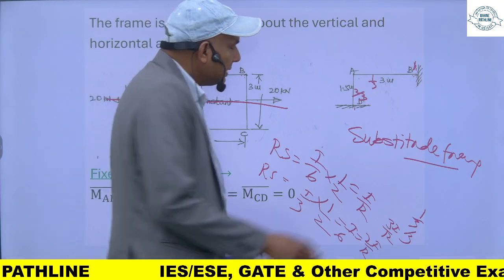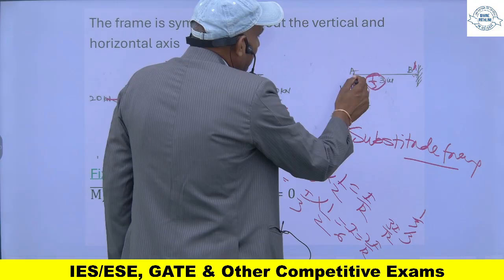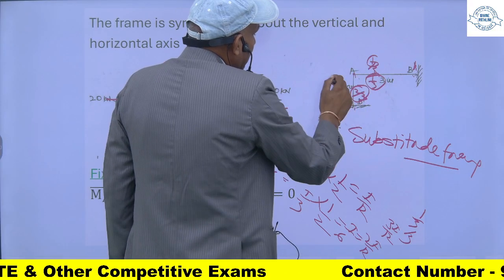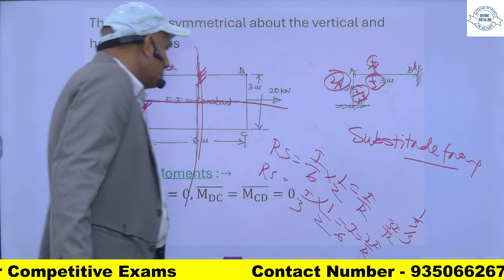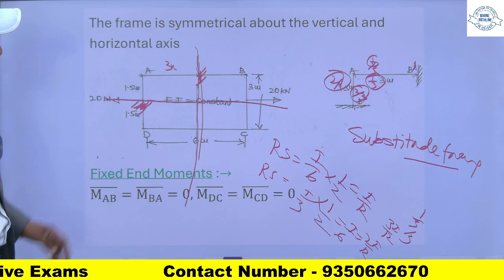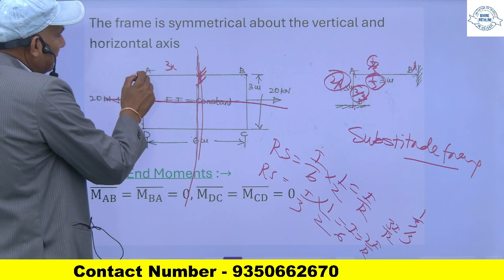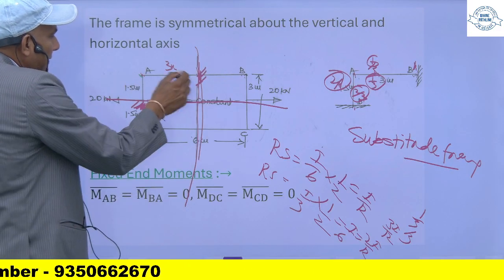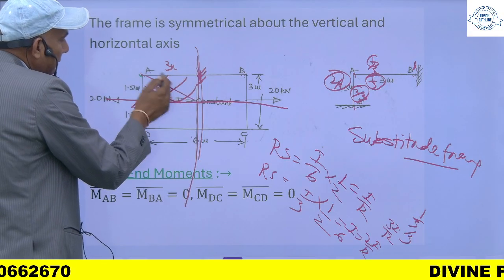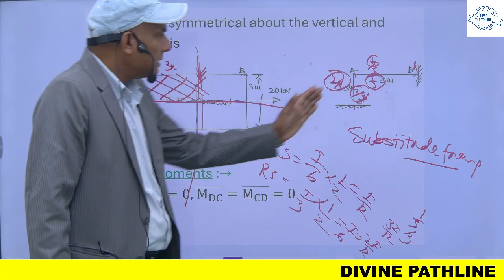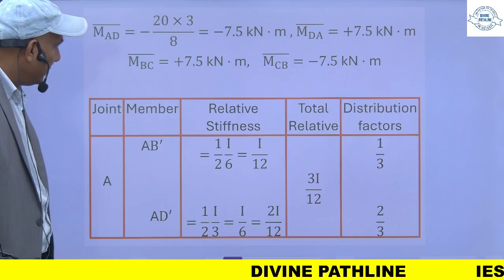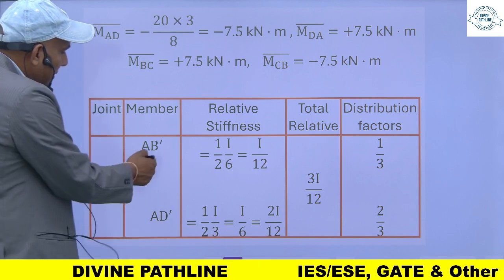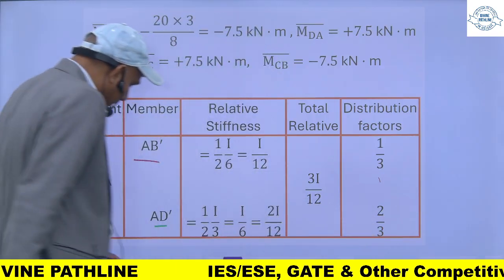So now 1 by 3 and 2 by 3 are the distribution factors for this joint A. For AB it is 1 by 3, and for AD it is 2 by 3. And now this joint has the same distribution factor. So I will consider this portion only. So this is my substitute frame. Fixed end moments you already calculated. For the substitute frame, for AB and AD, these are my distribution factors.